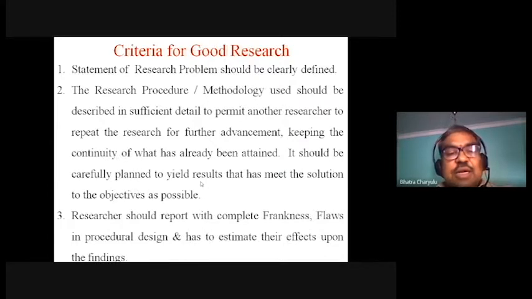The researcher should report with complete frankness the flaws in procedural design. So we must be very frank, whatever the hypothesis that you are drawing, whether it is accepted or rejected. We must be in a position to judge exactly and estimate their effects upon the findings.